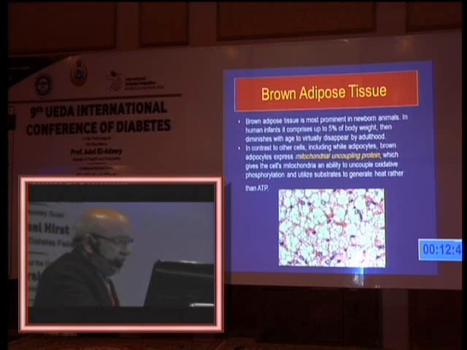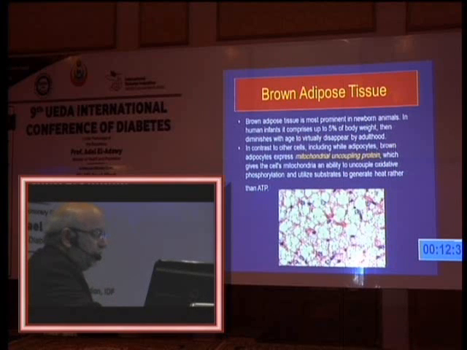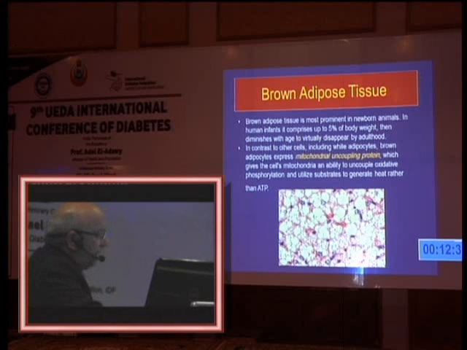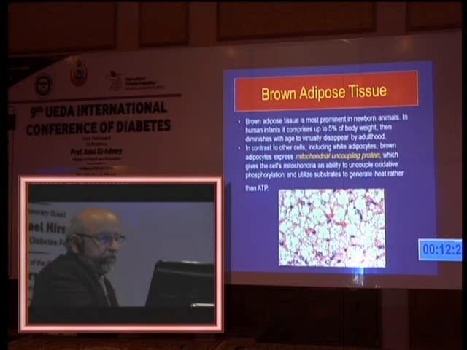However, with recent advances in technology, including PET-CT scanning, a considerable amount of brown tissue has been shown, especially in the upper part of the body, even in adults.